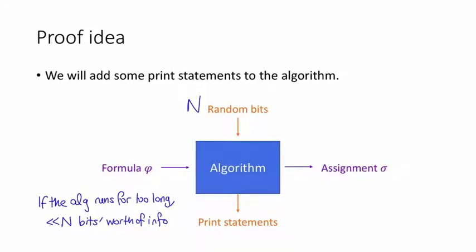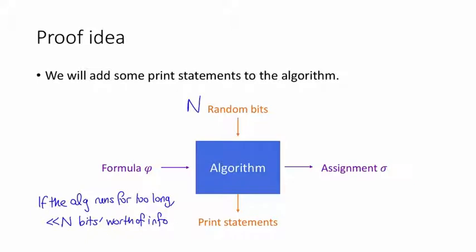Moreover, we're going to show that given these print statements, one will be able to recover the original random bits that went into the algorithm. This is going to lead to a contradiction, because it's going to imply that I can take a whole bunch of random bits and compress them into not so much information in a way that allows me to completely recover all of the random bits. It turns out that we can't do that. So that will be a contradiction under the assumption that the algorithm runs for too long. Therefore, the algorithm can't run for too long.